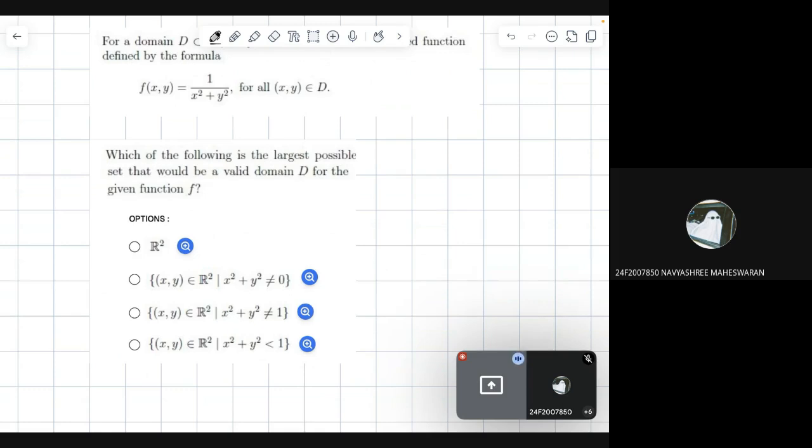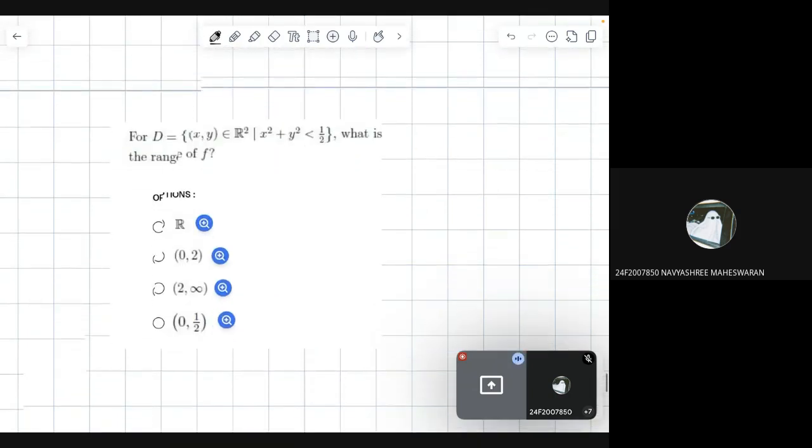Notice that if x is 0 and y is 0, then f will not be defined. For f to be defined, we need x square plus y square non-zero. The denominator has to be non-zero for the function to be defined, and hence this is our option, which is the domain of this function. This is the correct option.